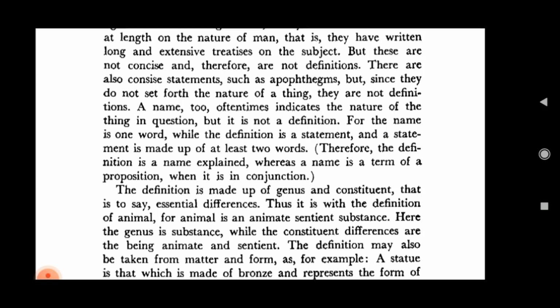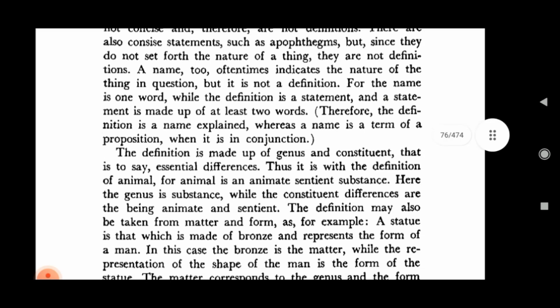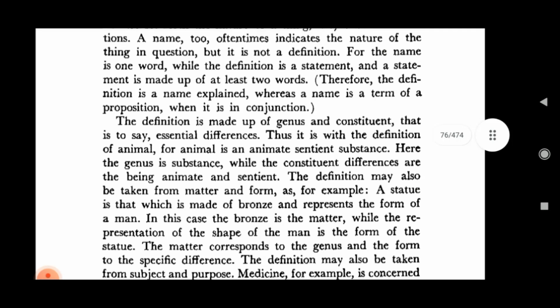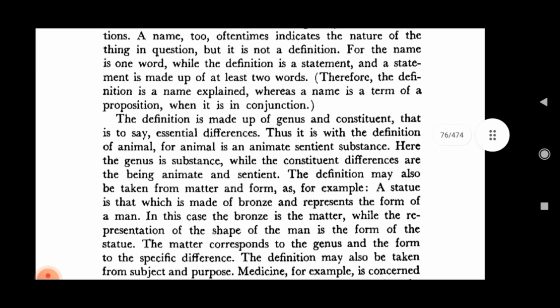There are also concise statements, such as apophthegms, but since they do not set forth the nature of a thing, they are not definitions. A name too oftentimes indicates the nature of the thing in question, but it is not the definition, for the name is one word, while the definition is a statement, and the statement is made up of at least two words.